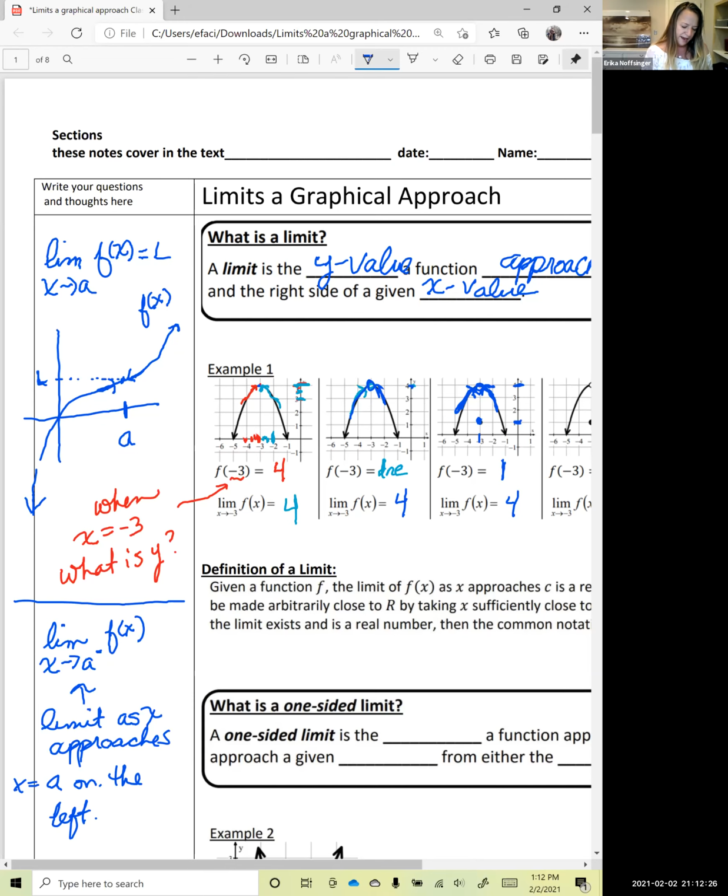Whereas if it was a right-hand side limit, instead of that negative sign up here, which looks kind of like an exponent, I'm going to write a positive sign up here on the top. This would mean the right-hand side limit.